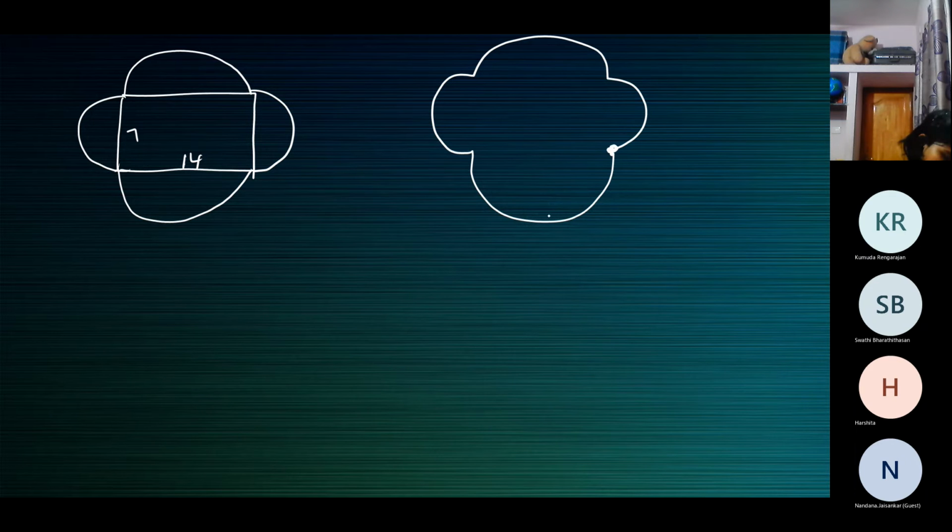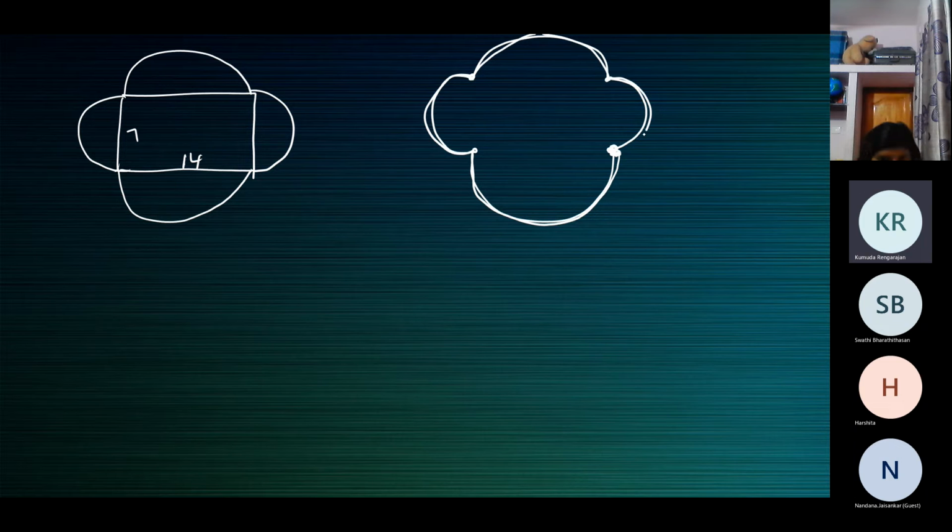You'll walk along this semicircle, then this semicircle, then this semicircle, and then this semicircle. See, you'll come back to the starting point. Suppose you start from here. You walk along each semicircle in turn, and you'll come back to the starting point.